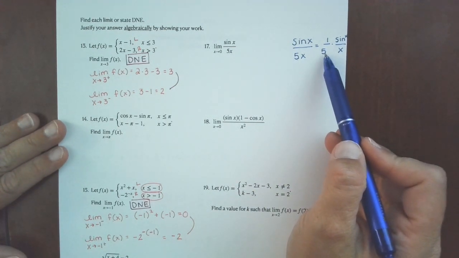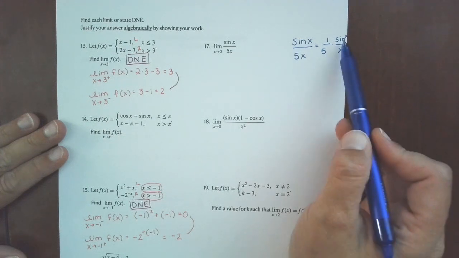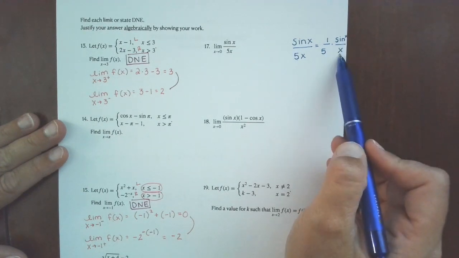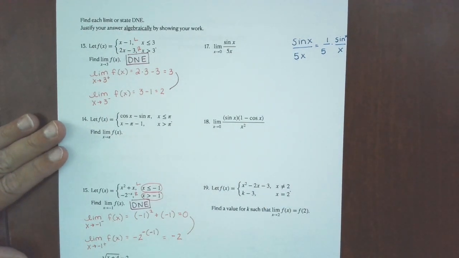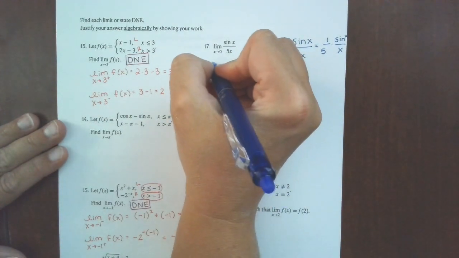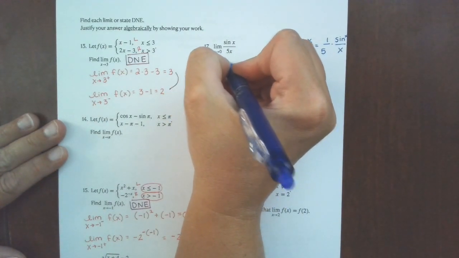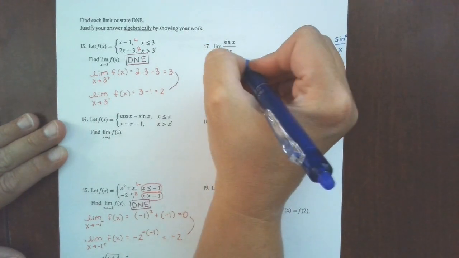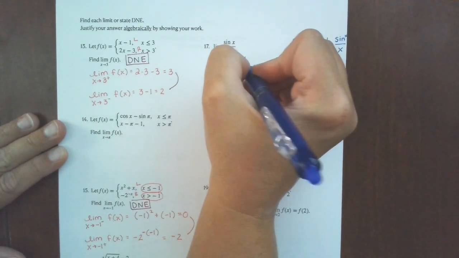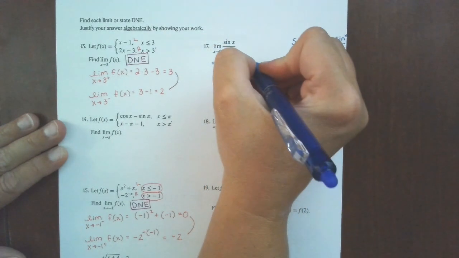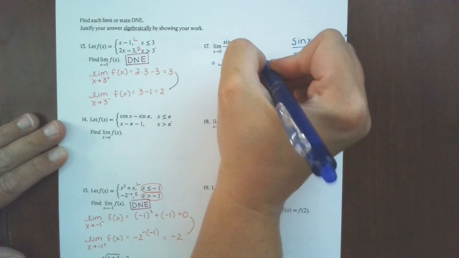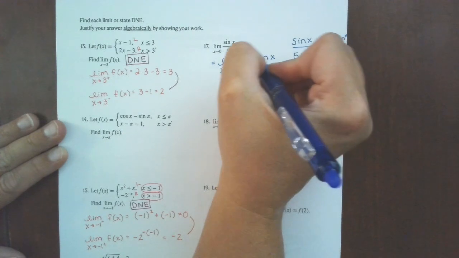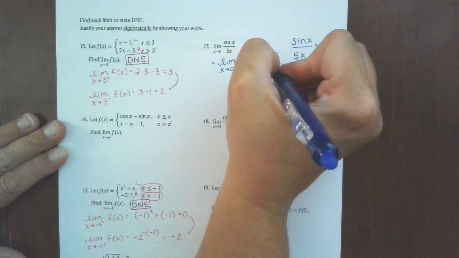But the thing about that is, remember that constant multiple rule is if I know this limit, I can just take the limit and multiply by 1/5. So I could say this is really the same thing as doing a limit as x approaches 0 of sine x over x, okay?